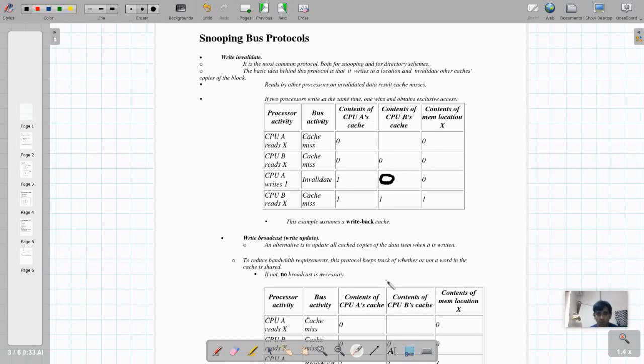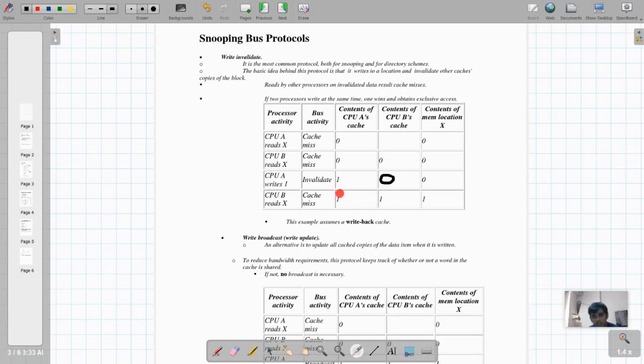If you follow our example, CPU A updates the data item residing in its cache, and at the same time it sends one write invalidate message to the shared bus.